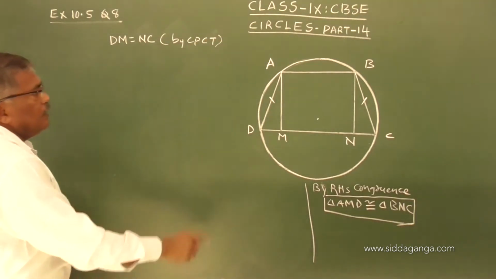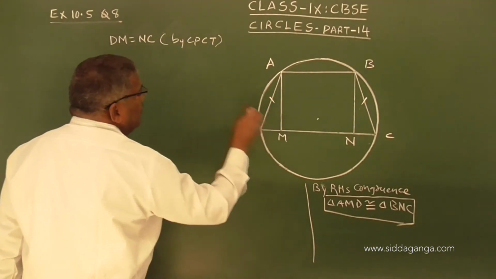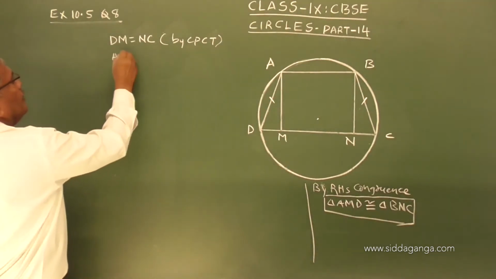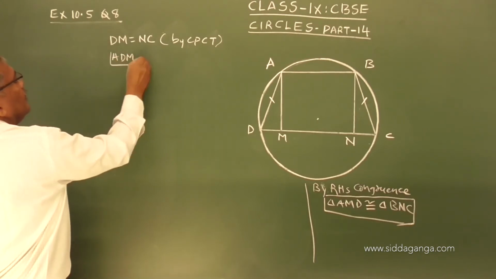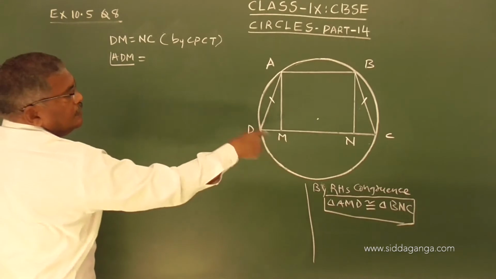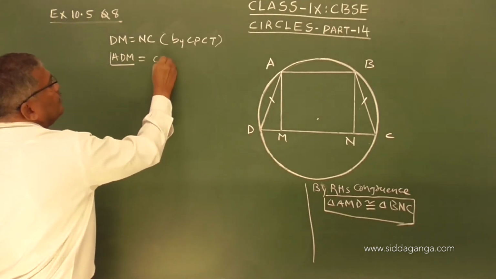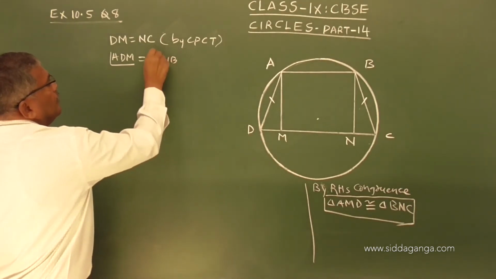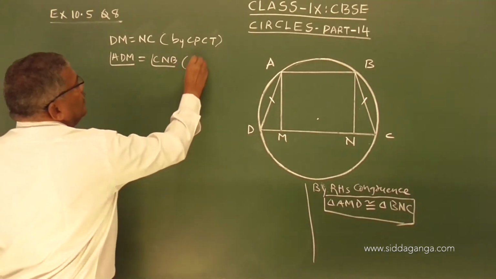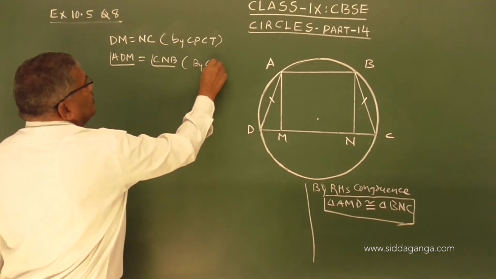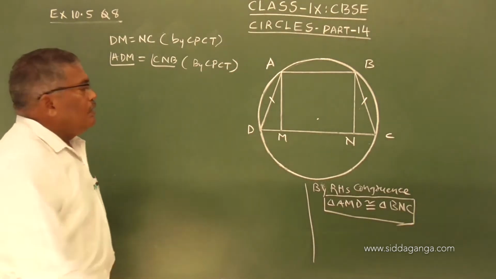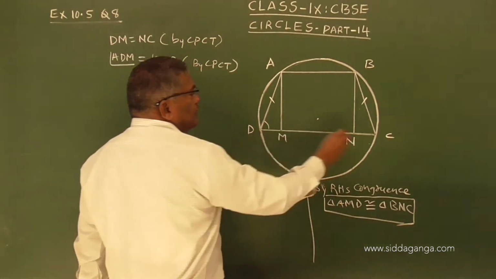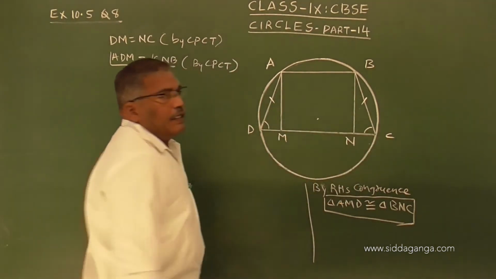Not only that, we have angle ADM is equal to angle CNB. So, this is also by CPCT, corresponding parts of congruent triangles. So, we have proved that this angle is equal to this angle.